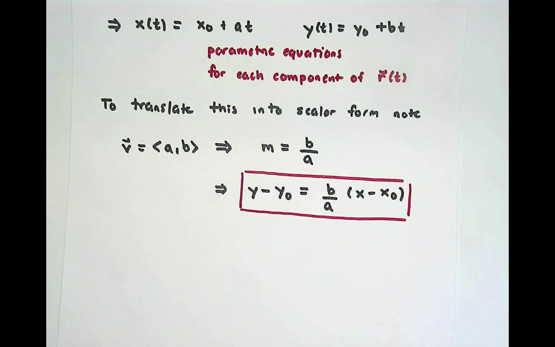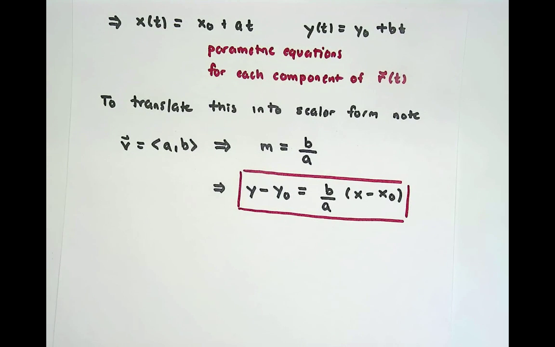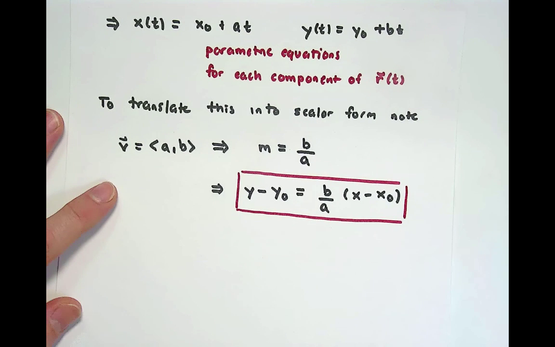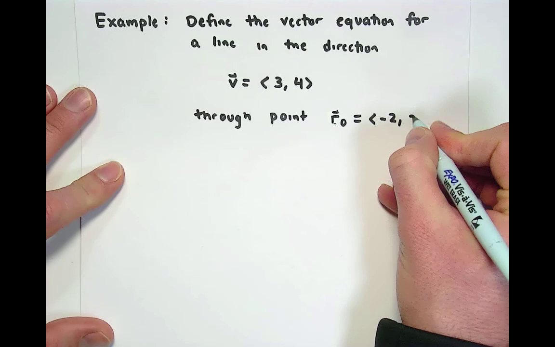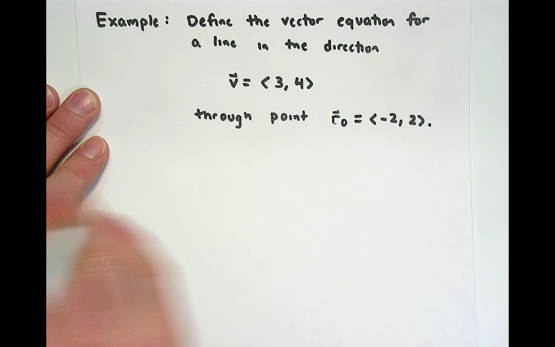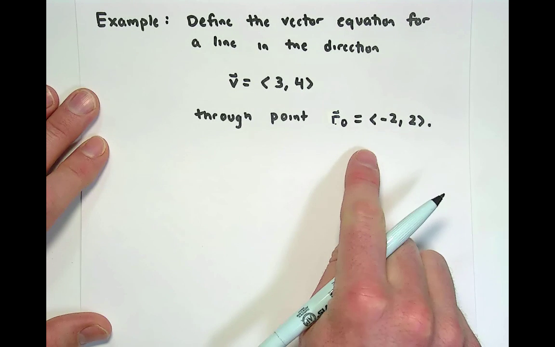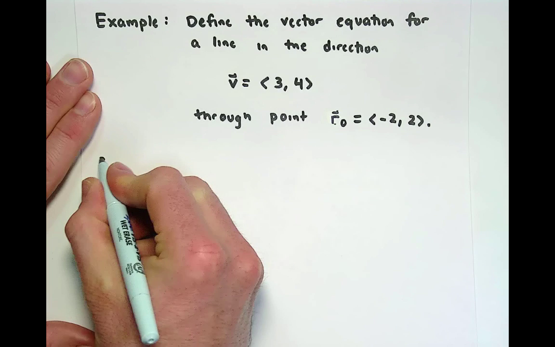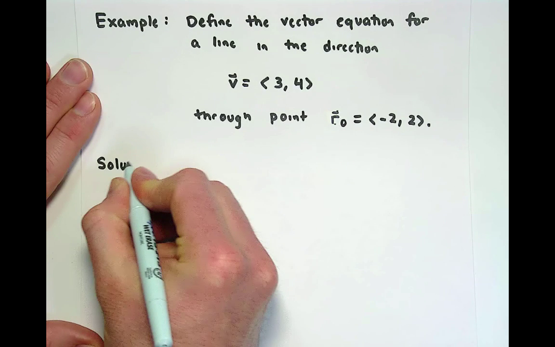Let's take a look at an example of how we might use this in practice to define a line. In this example, we're going to define a vector equation for a line that moves in the direction 3, 4 and through the point -2, 2. In order to do this, we do a quick recall.